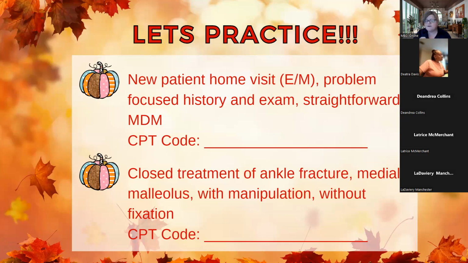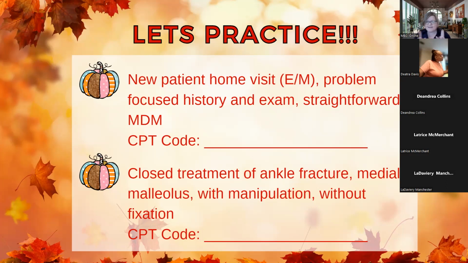It's not fair for them to spend 30 minutes with one patient and get compensated X amount of dollars, and spend an hour and a half with another patient and get paid that same amount, right? They should be paid more if they're doing more work, if they're spending more time. So the higher level of code, the higher level of compensation for your provider. So you want to make sure that you're getting the right E&M code.